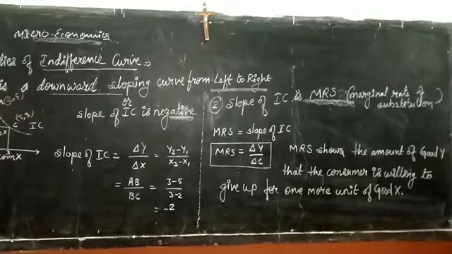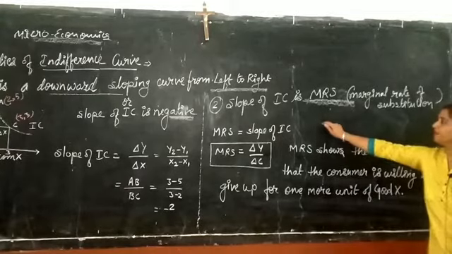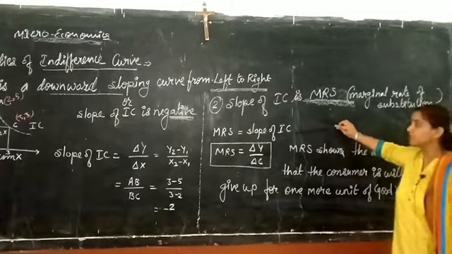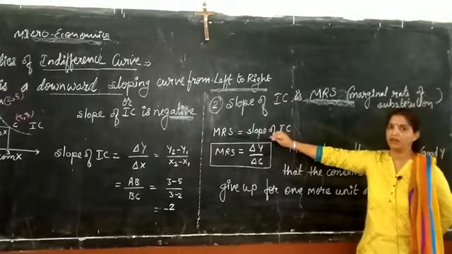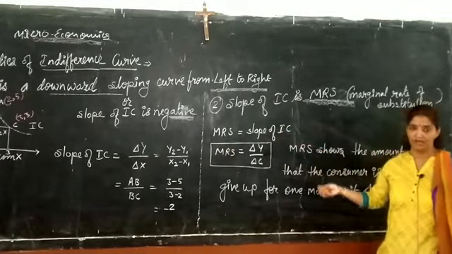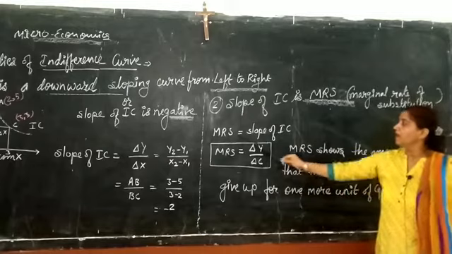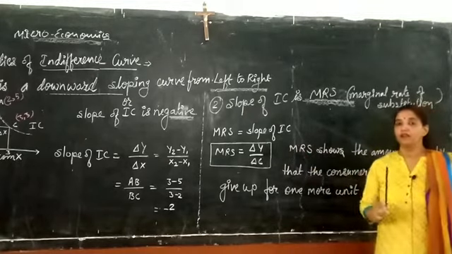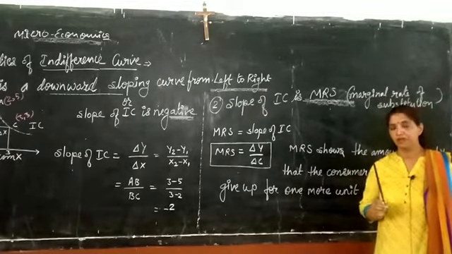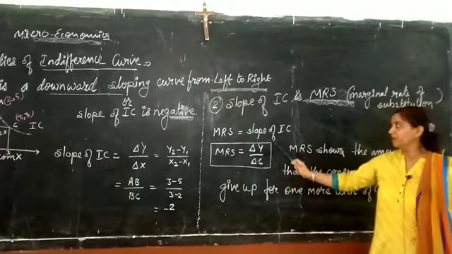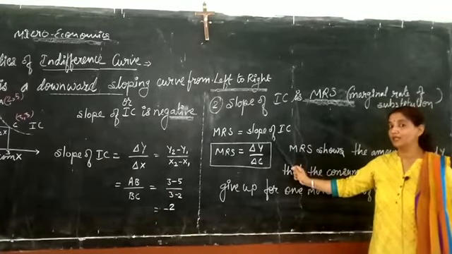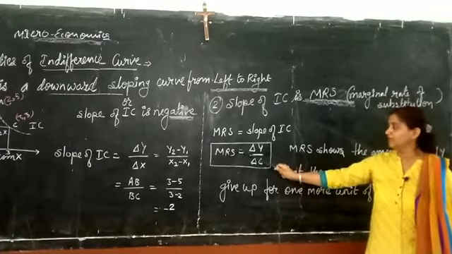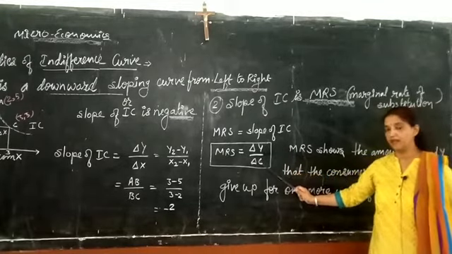The slope of IC is the same as MRS, or MRS is the same as the slope of IC. By putting in the formula, MRS is equal to delta Y upon delta X.